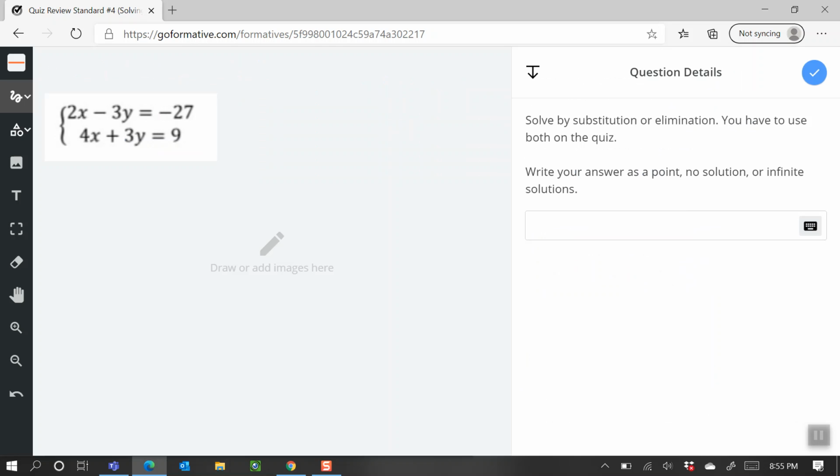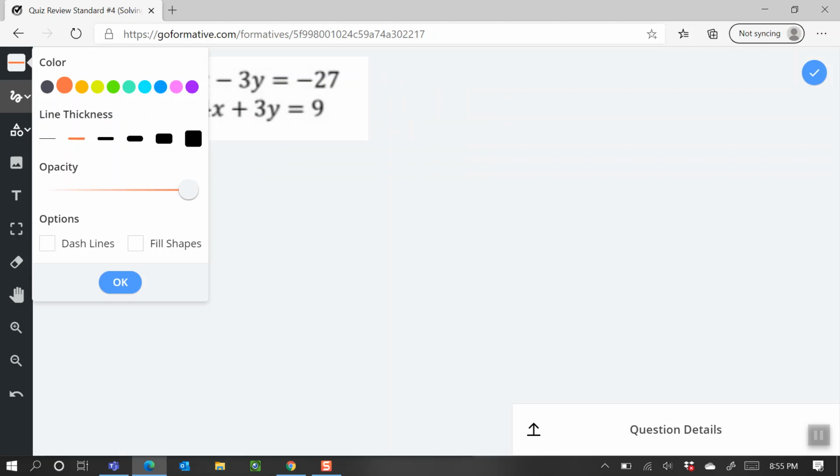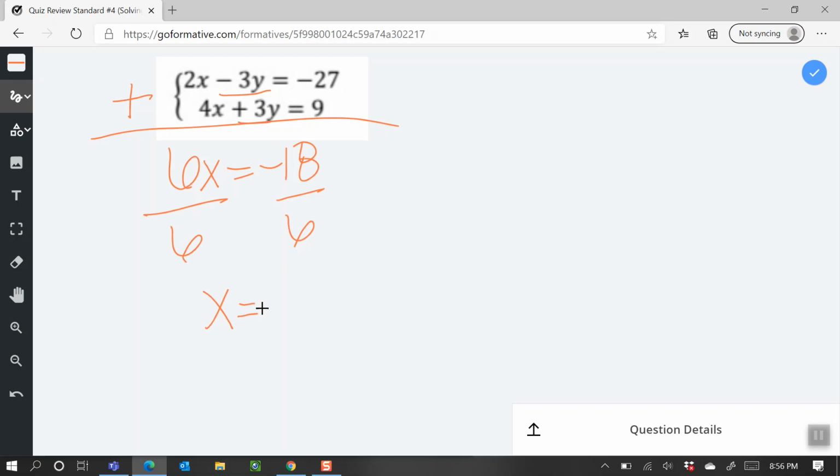This one is already set up to be elimination. You have negative 3y and a plus 3y, so I'm actually just going to add these up and get 6x equals negative 18. Divide by 6. x equals negative 3. Take either equation. 2 times negative 3 minus 3y equals negative 27.